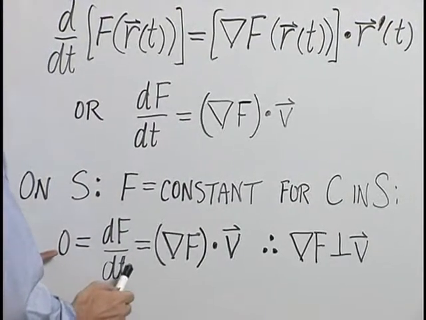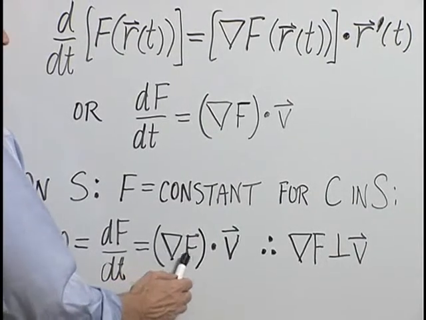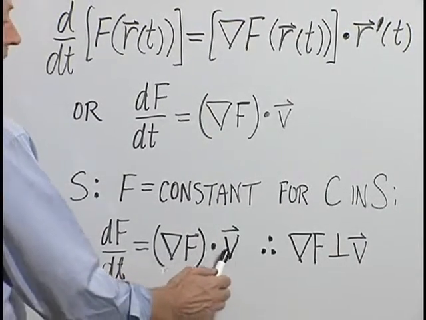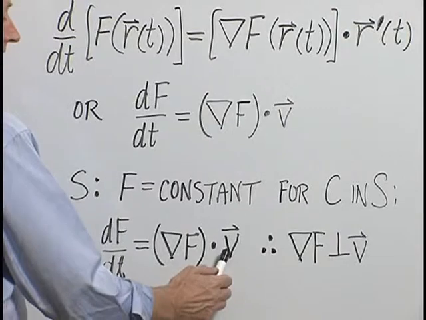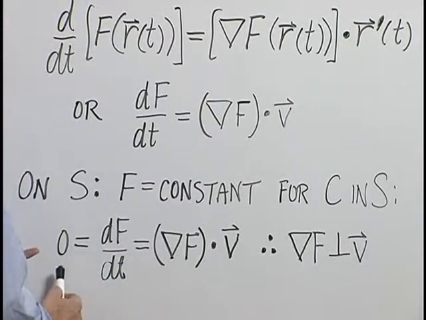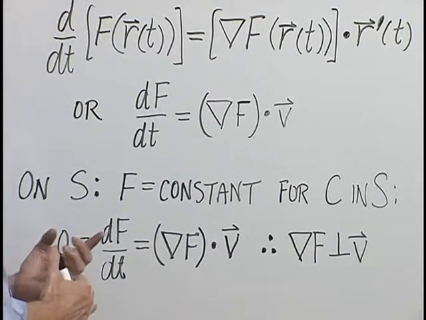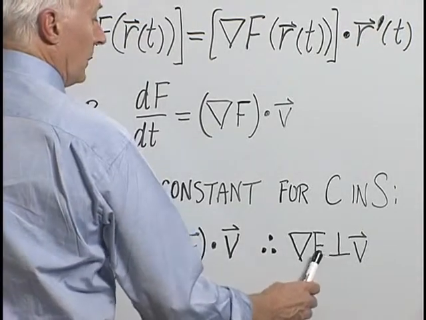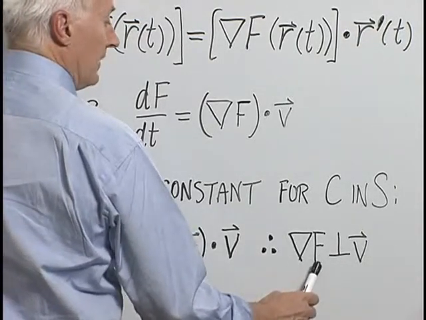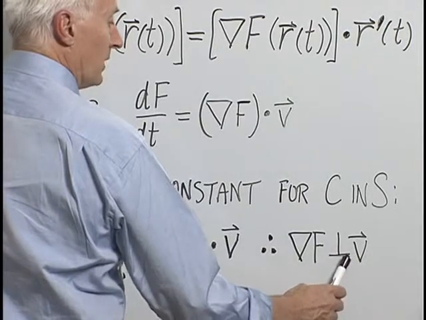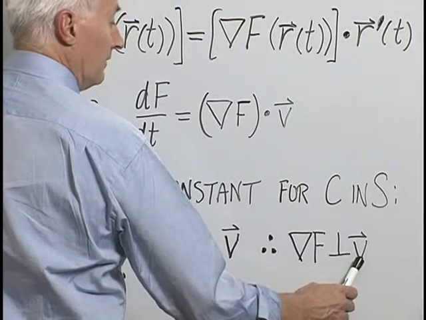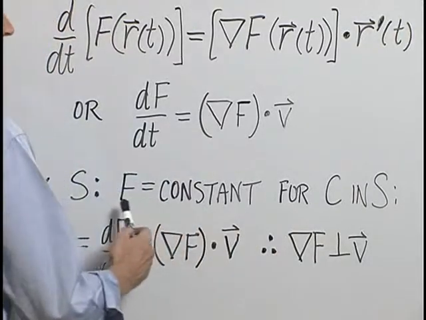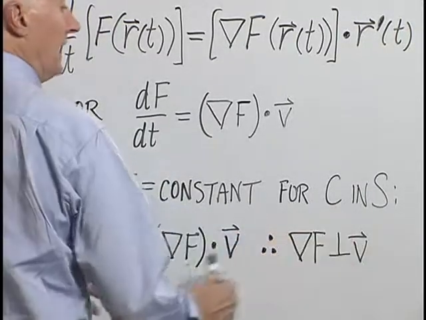And so what that tells me is the gradient vector dotted with the velocity vector is 0. Well, what does it mean when vectors have dot product 0? It means they're perpendicular. So here, the gradient vector for the function F is perpendicular to the velocity vector of any motion through that surface.